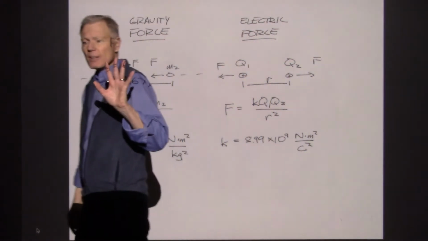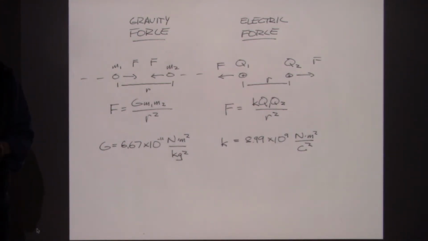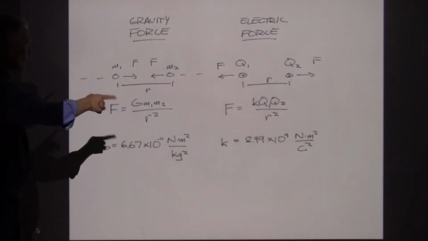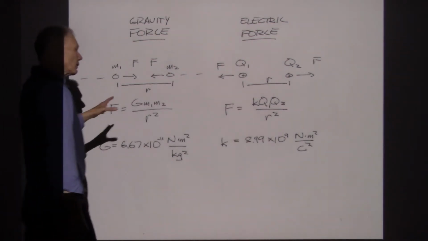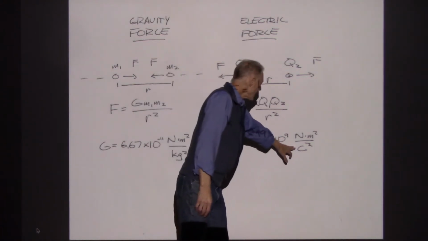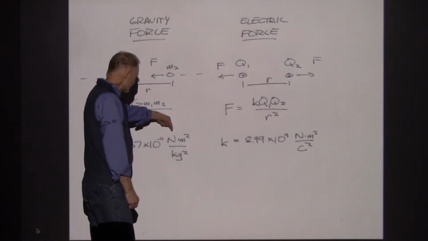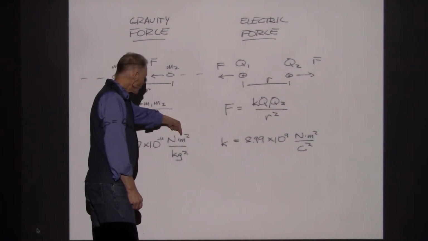So it's the electric and the magnetic forces that are holding the atoms and the molecules together for everyday kinds of objects. Kind of interesting, the force constants are so different. Now another thing we should mention here is, we have different units also. So these two force constants share units of newtons and meters squared.